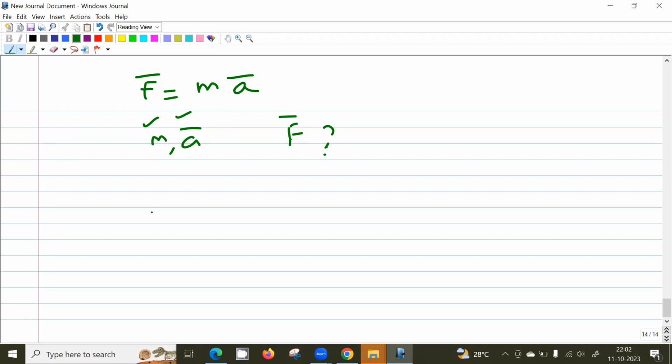Similarly, if force and mass are given, then I can find acceleration. Similarly, if force and acceleration are given, I can find the mass. This is Newton's second law of motion.